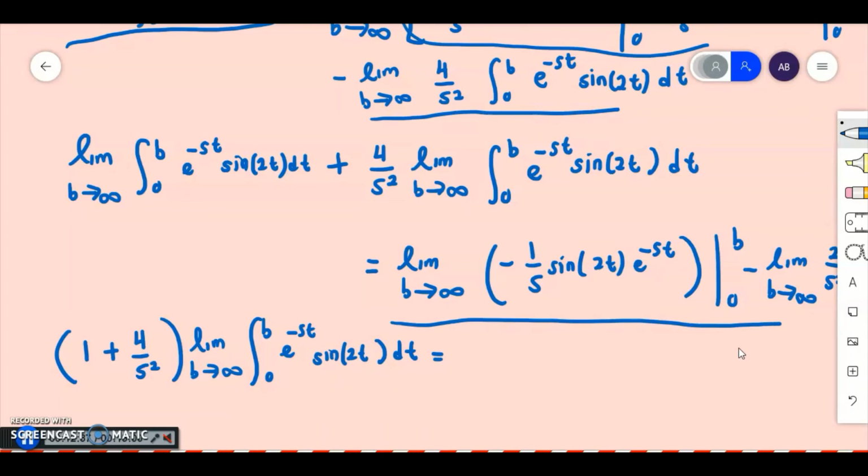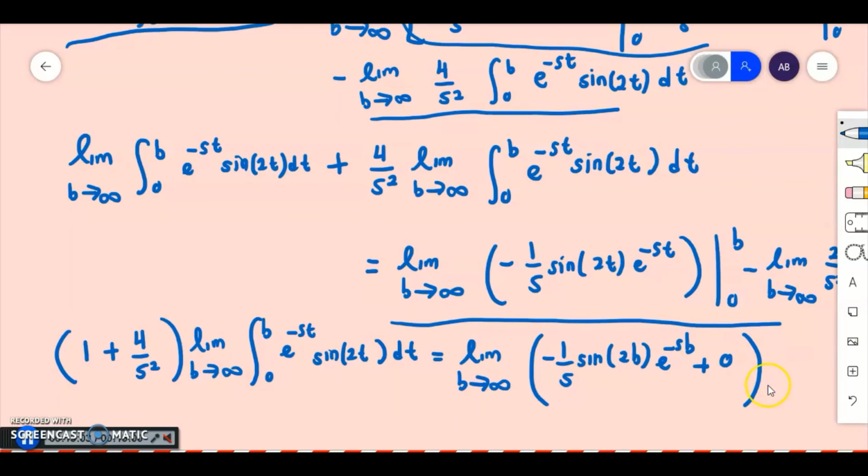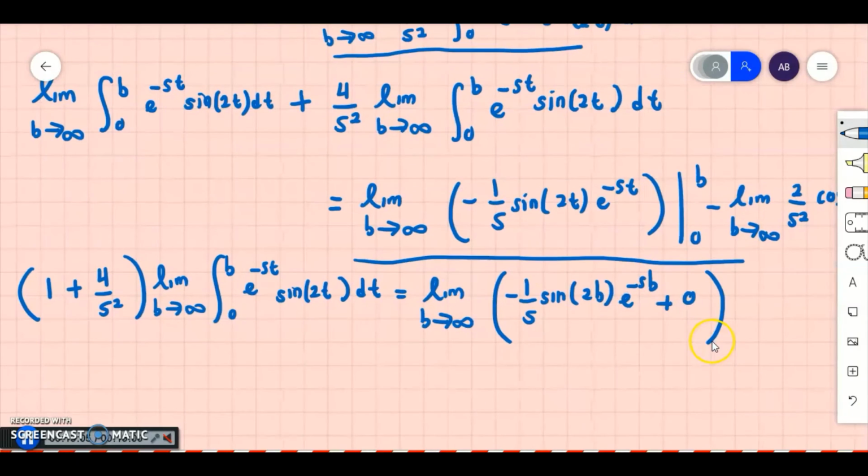So you can apply the limit now. Limit when b approaches infinity, but before that, put the integral bound b first wherever you see t. So I have limit b approaches infinity, negative 1 over s sine 2b e to the negative sb, minus, will be positive, e to the power 0, but sine 0 is 0. Okay, that's the first part.